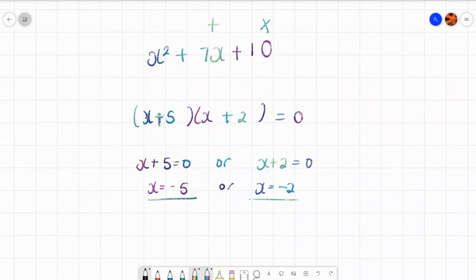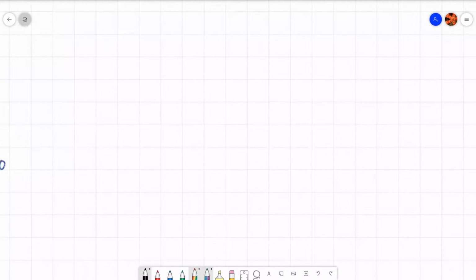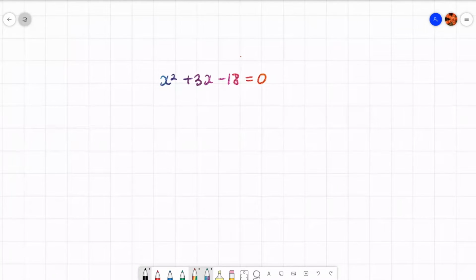Okay. Let's have a look at another one then, shall we? Let's have a look at x squared plus 3x minus 18 equals 0. So again, times and add. We need 2 numbers, x and x here. 2 numbers that times to make -18 and add to make +3.